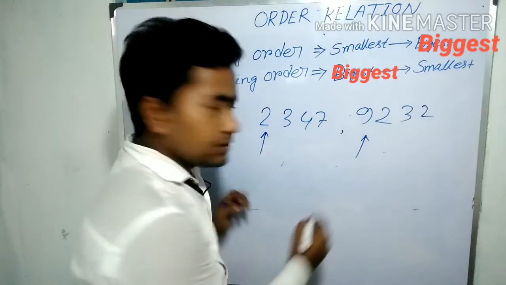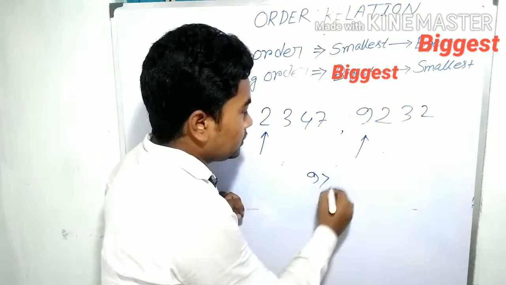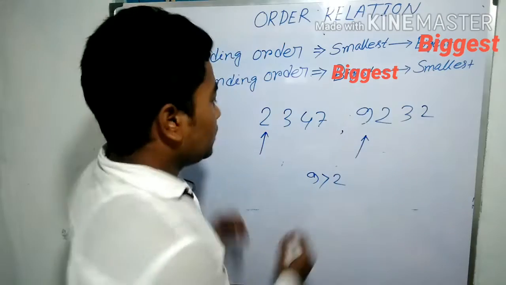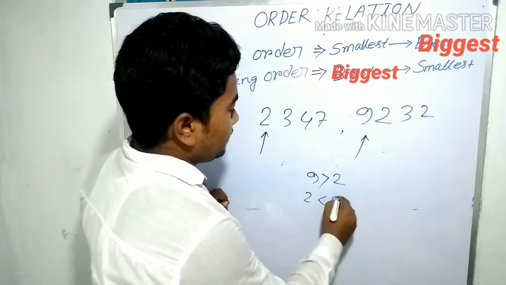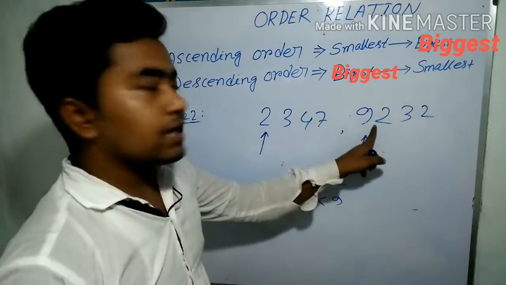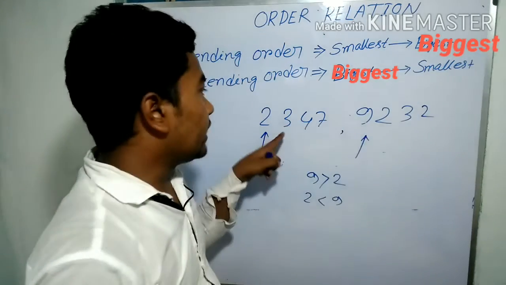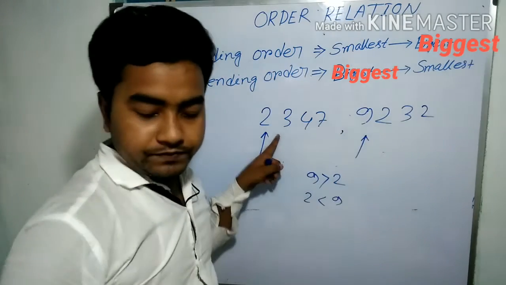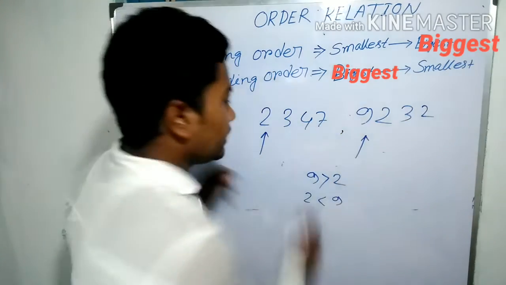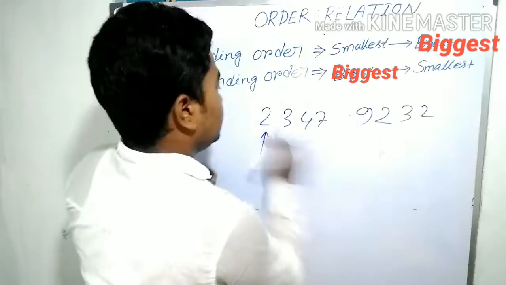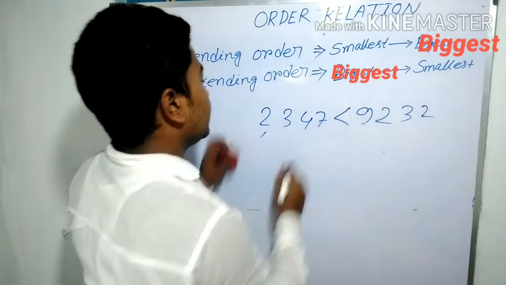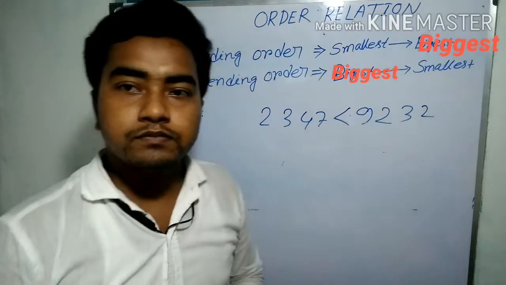As 9 is greater than 2, or 2 is lesser than 9, this number will be greater than this number. As the first digit is greater, this number will be greater.